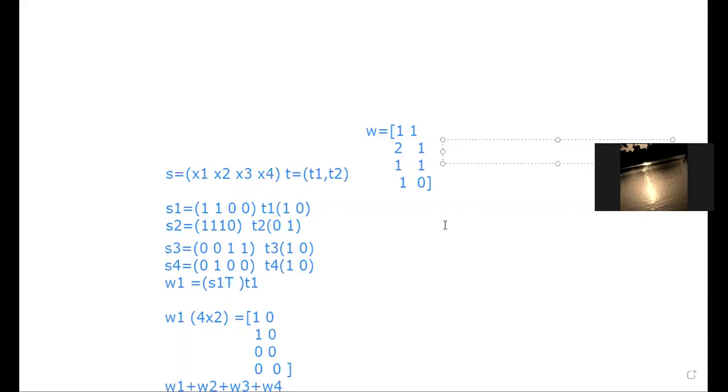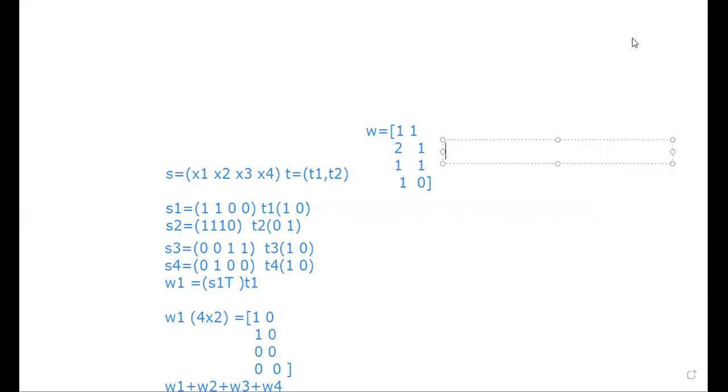Okay, so when you are going for associative memory, definitely you need to consider the patterns. Okay, training your neural network with patterns. So the training of a neural network with patterns is very, very important.